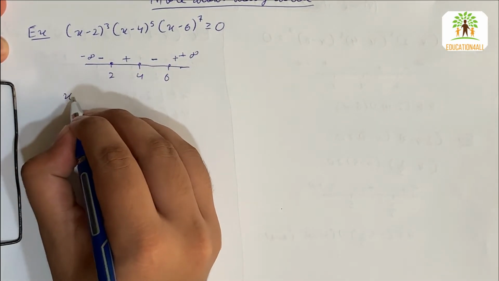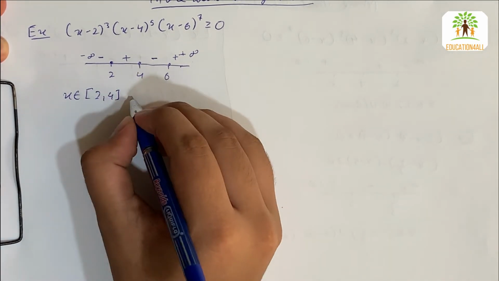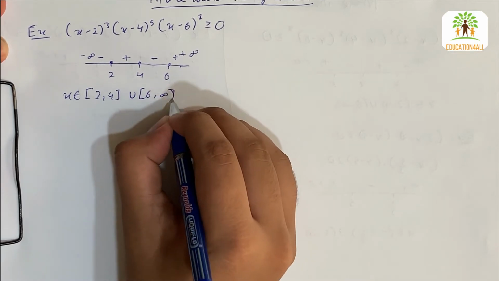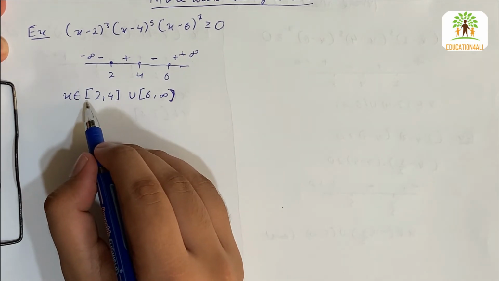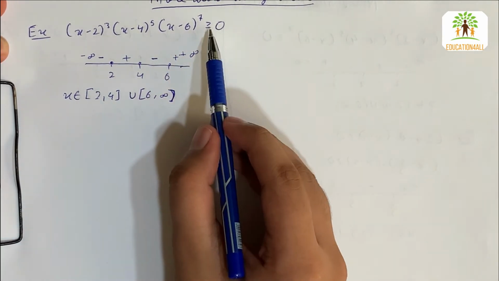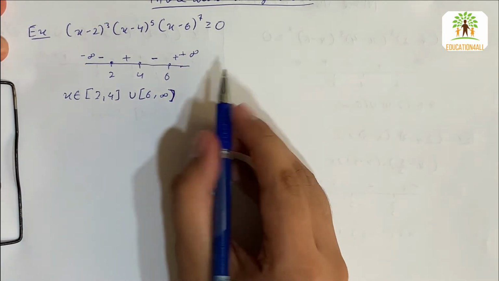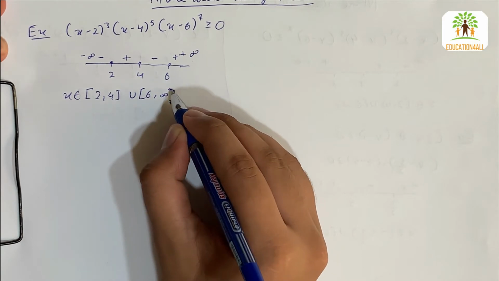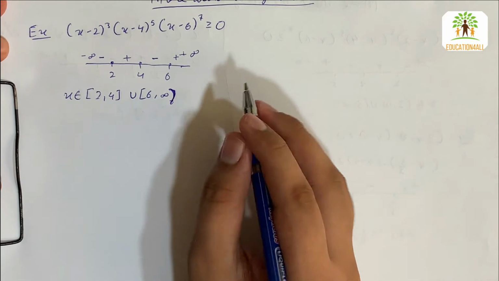Therefore, our answer is x belongs to [2, 4] union [6, infinity). We have taken the square bracket here because of the equals to sign, which shows that we have a closed sign. And at infinity, we will always put an open bracket because it is a rule of mathematics that infinity can never be closed.